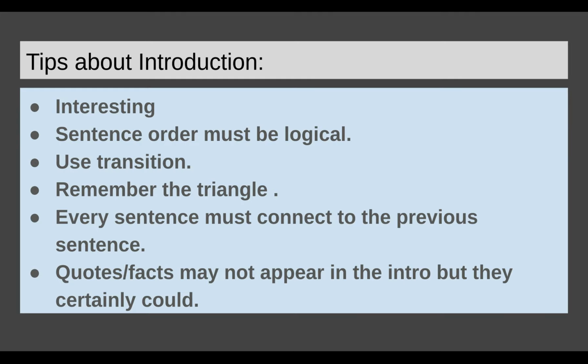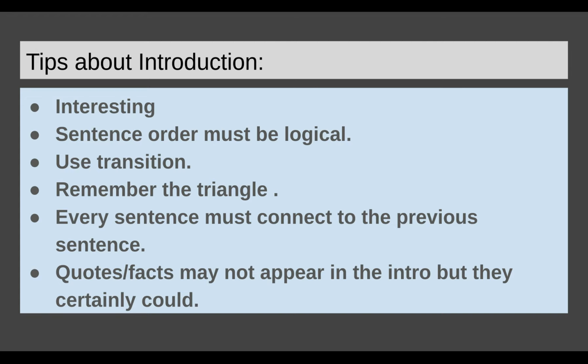So I'm just going to review what I told you about the introduction, and I want to remind you about what I said. First of all, the introduction should be interesting. That's a little bit tough, but if you don't follow formulas, you might have a shot at it. Also, the sentences must be in logical order, which means that the one that's most general comes first, and we go down to the thesis at the end of the first paragraph.